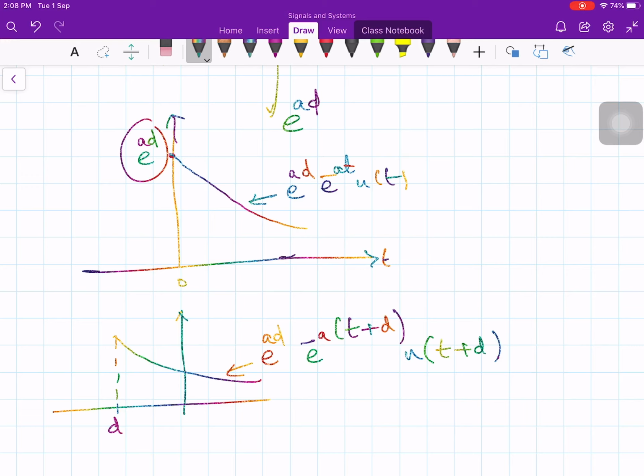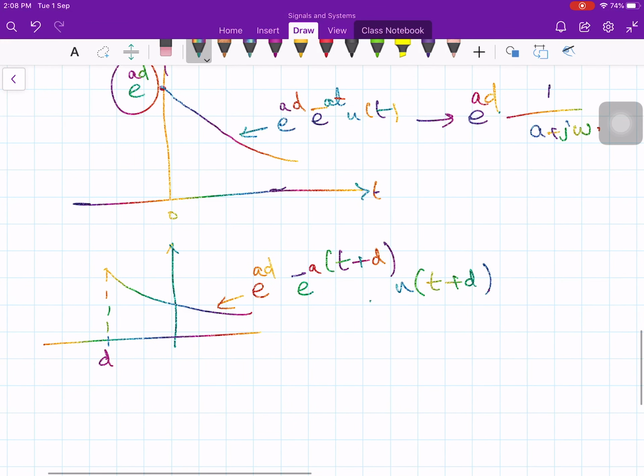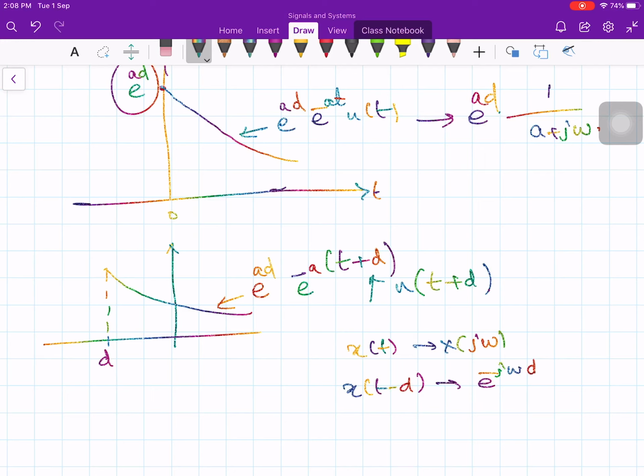Now this has a Fourier transform e to the ad times 1 by, if you have minus, then it becomes plus, a plus j omega. Now here there is a delay, and for the delay you have to multiply. That means if you have the Fourier transform of x of t as x of j omega, then x of t minus d has the transform e to the minus j omega d multiplied by x of j omega.